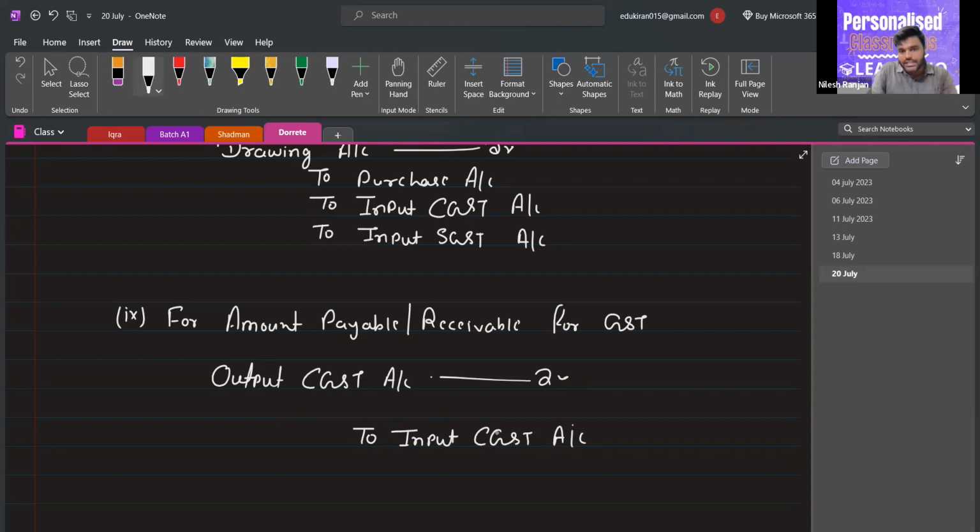If input is less than output, then we have to pay the amount, so we write CGST payable. And if input is more than output, then it will be GST receivable account.